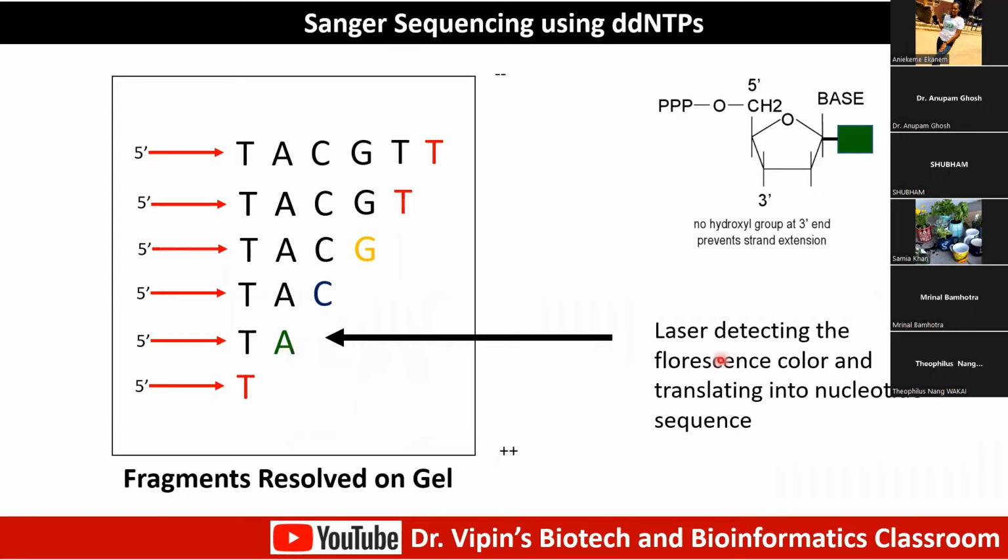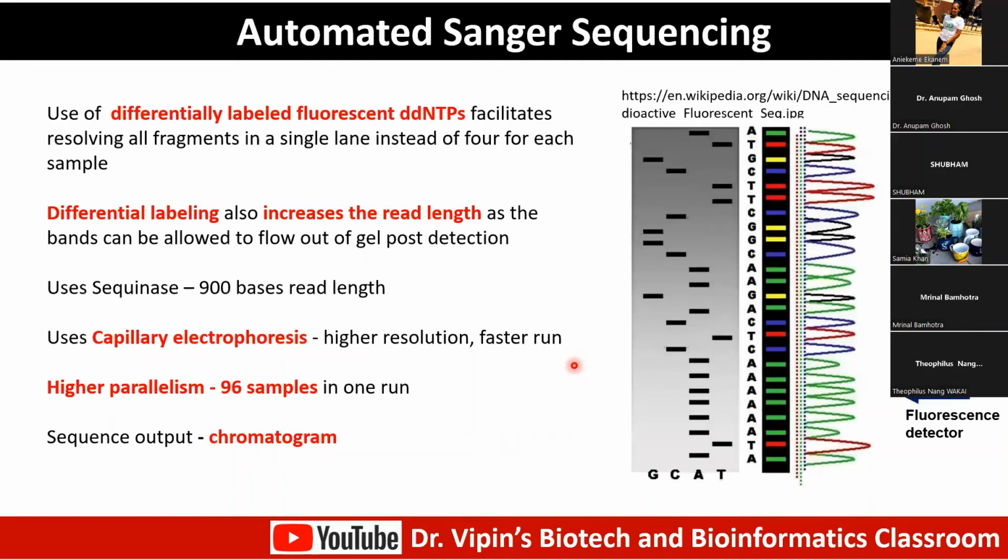Based on the color, a laser detects the color, and that allows you to translate it into a language of nucleotides, and that is how you get a final sequence. So this is your sequence here. What you get is a chromatogram, which corresponds to bands, and these can then be translated into actual nucleotides. So automated Sanger sequencing was a smart move because it used differentially labeled fluorescent ddNTPs, which facilitates resolution of all fragments in a single lane instead of 4 for each sample.